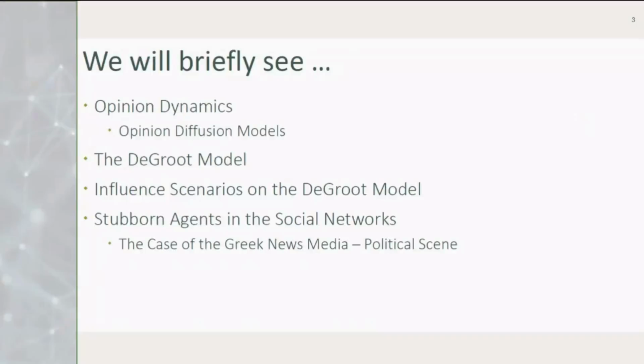In the last part, I will present some aspects that are introduced in a social network when stubborn agents act in the network, and we will discuss some of the findings of the project that we were involved in, in the case of the Greek news media and political scene.